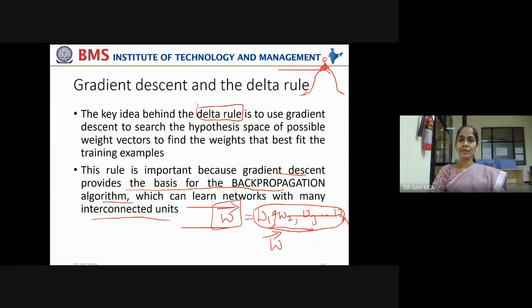Okay. So this gradient descent problem is understood by taking the example of a man descending a mountain. He doesn't have any compass to tell him in which direction he has to go. In that case, think he is blindfolded.